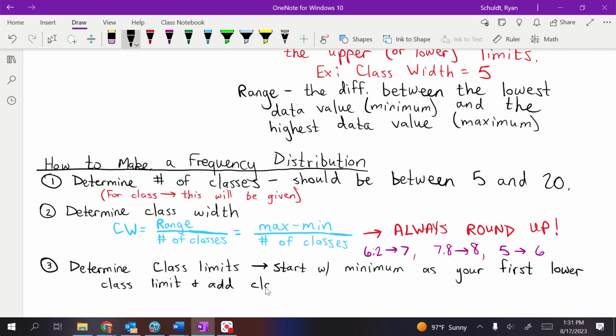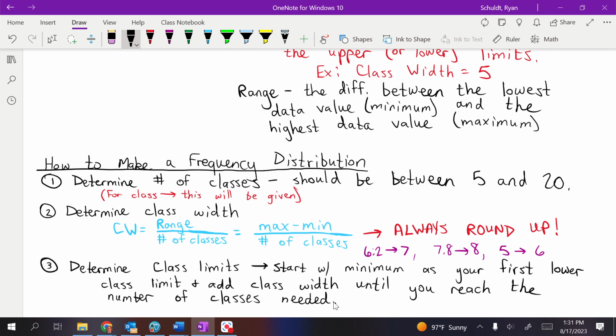Then keep adding the class width until you reach the number of classes needed. So that'll get you your lower limits.